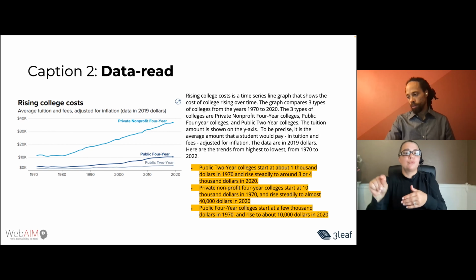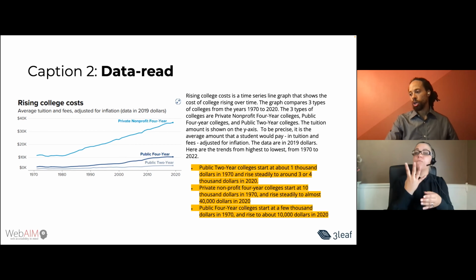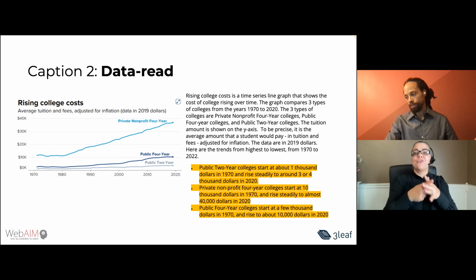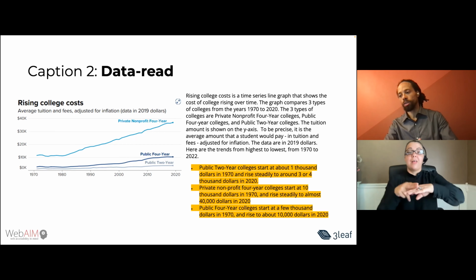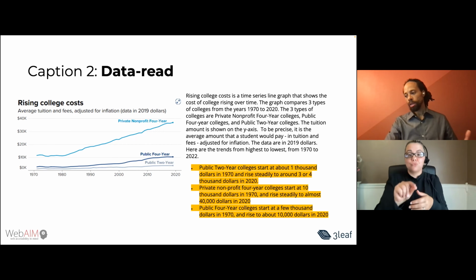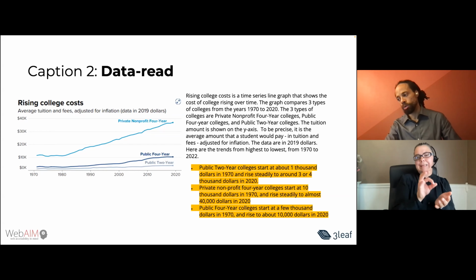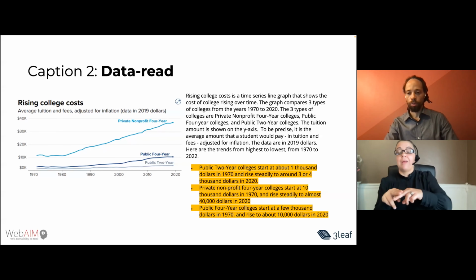Private nonprofit 4-year colleges start at $10,000 in 1970 and rise steadily to almost $40,000 in 2020. Public 4-year colleges start at a few $1,000s in 1970 and rise to about $10,000 in 2020.